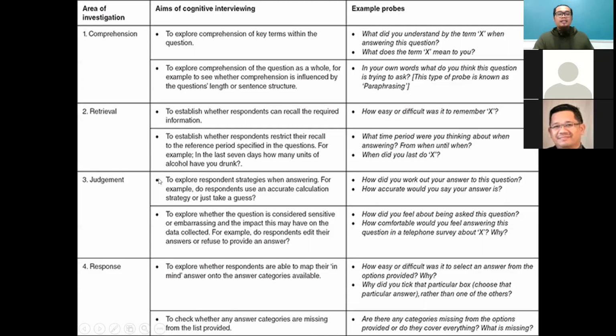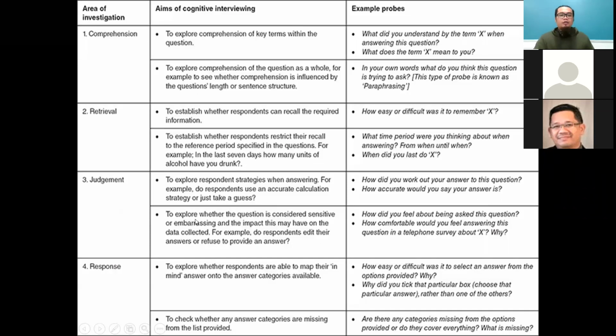Number 3 is the area of investigation on judgment, to explore the respondent's strategy when answering. For example, does the respondent use an accurate calculation strategy or just guess? Example probes: how do you work out your answer to this question? How accurate would you say your answer is?